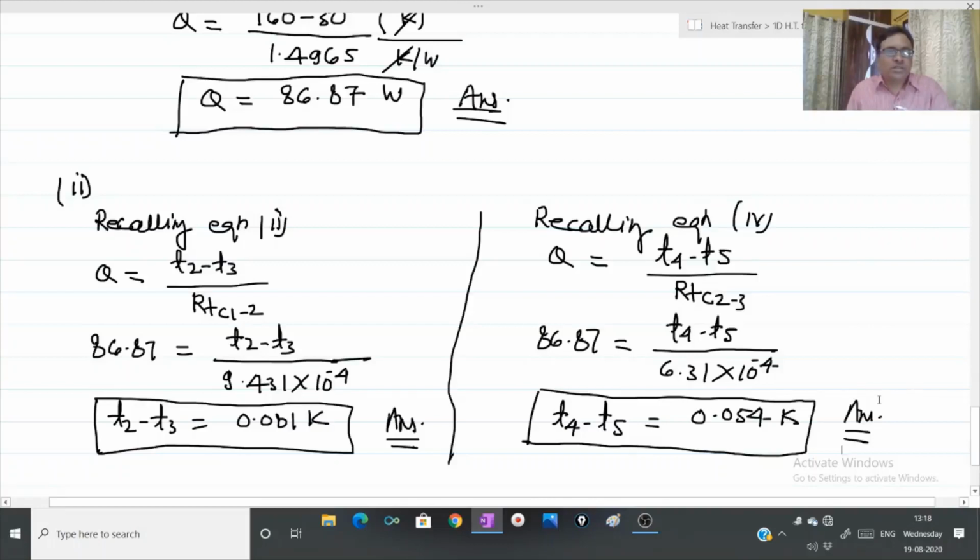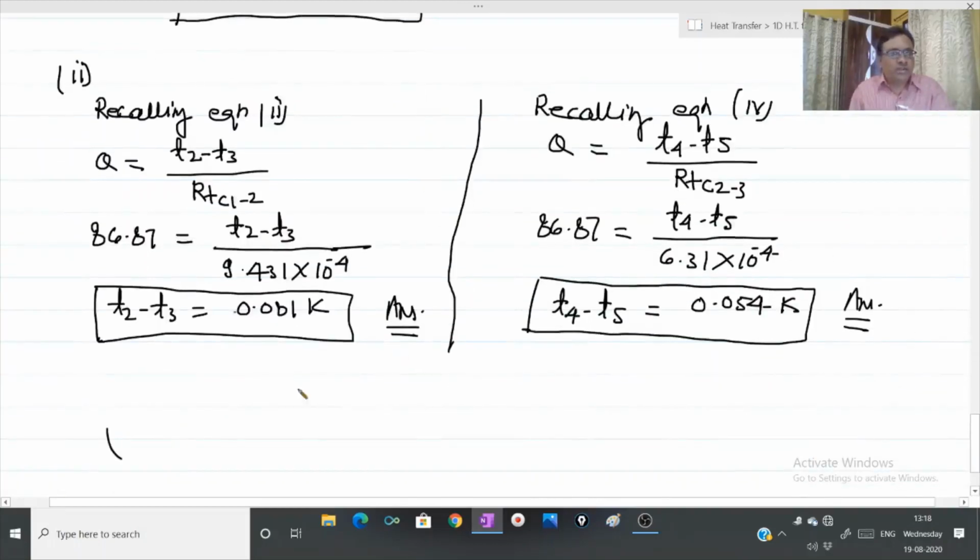And finally, let us calculate overall heat transfer coefficient based upon the inner area and outer area.